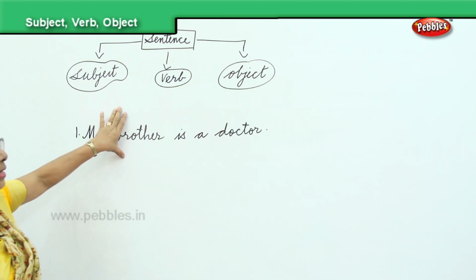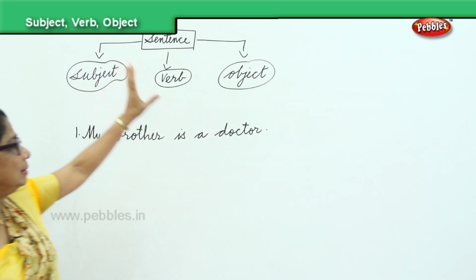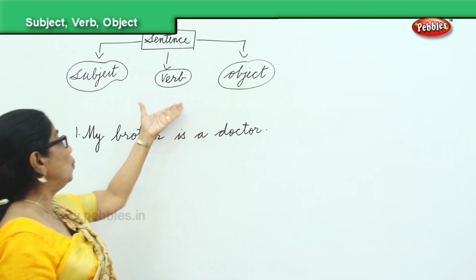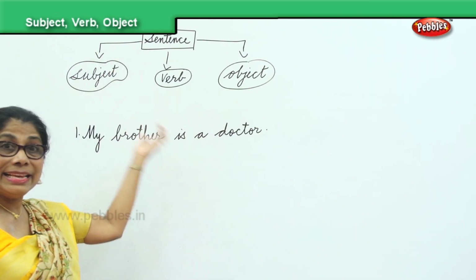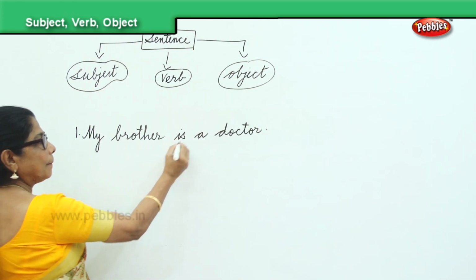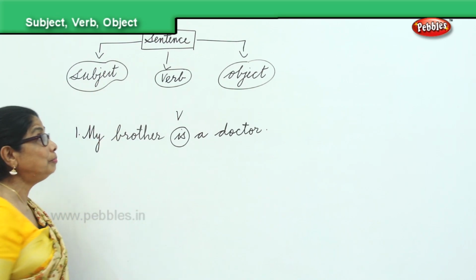This is your subject. It comes most of the time in the beginning. Now, what is he doing? He's working as a doctor. And the verb, what is he? Is. So you have the verb is. My brother is the subject.